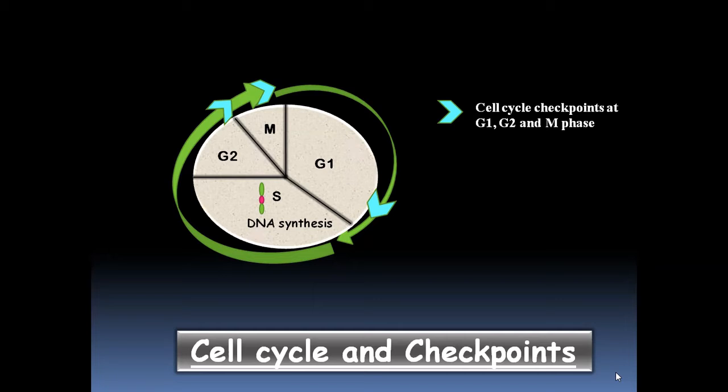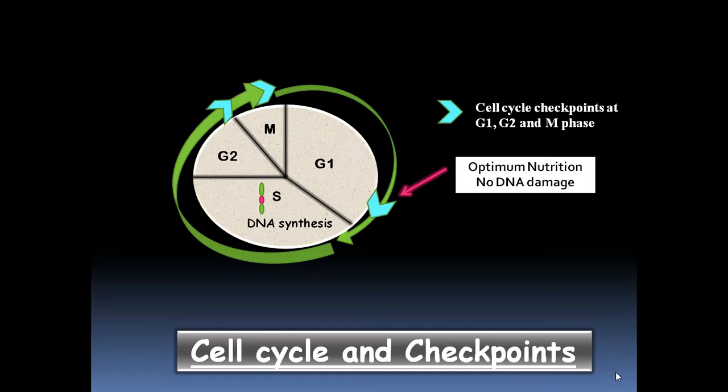Now, as the word suggests, G1, that is gap 1, ensures that before the cell undergoes any division, it has to seek the optimum nutrition. That is, all the growth regulators, all the proteins, all the necessary prerequisites that are required for the cell division are there or not.